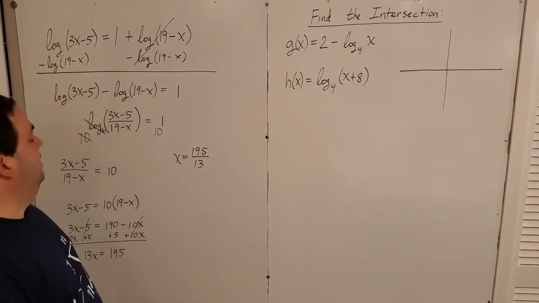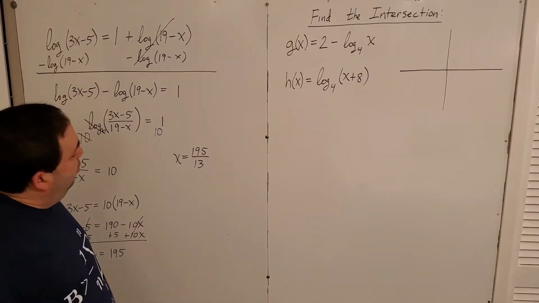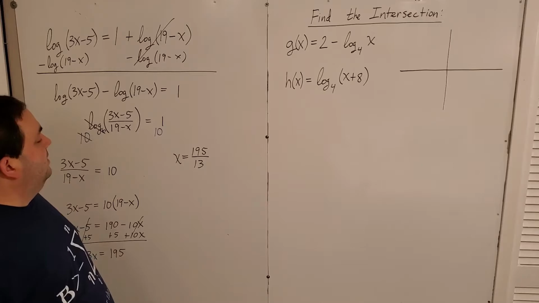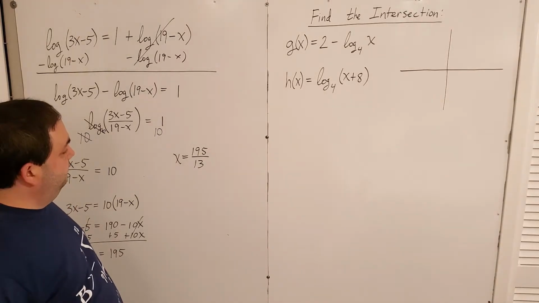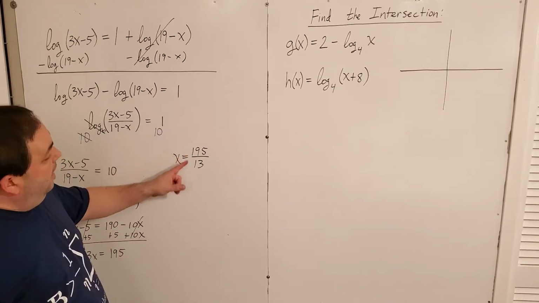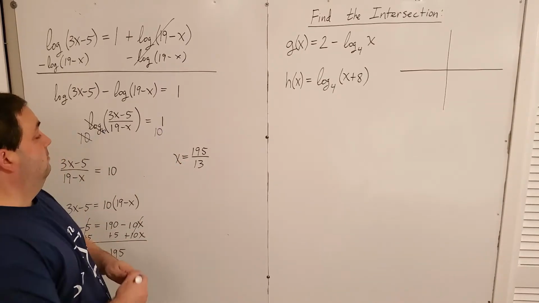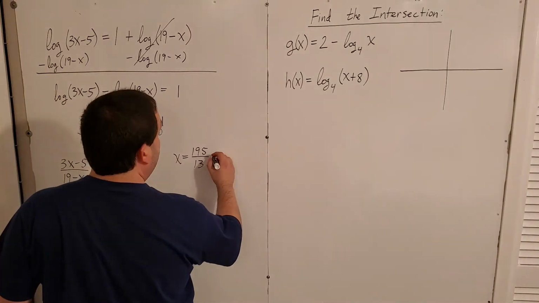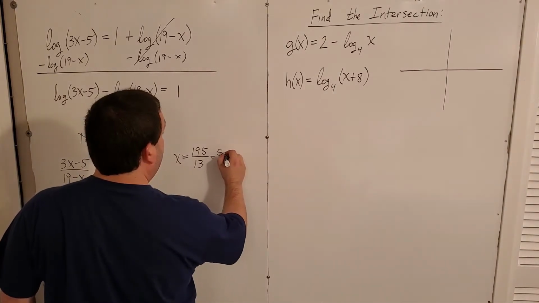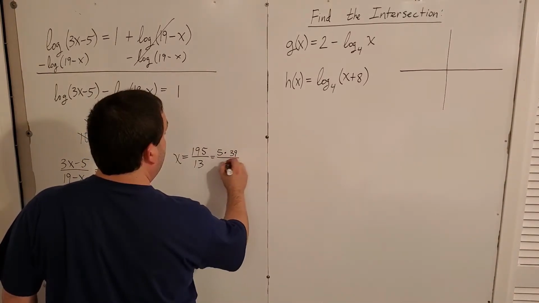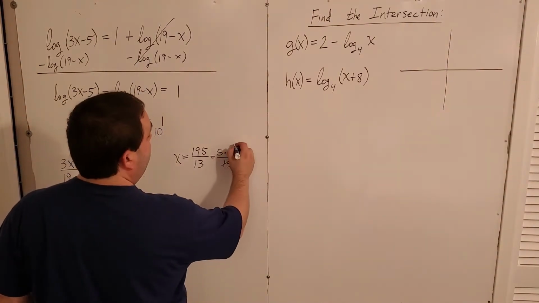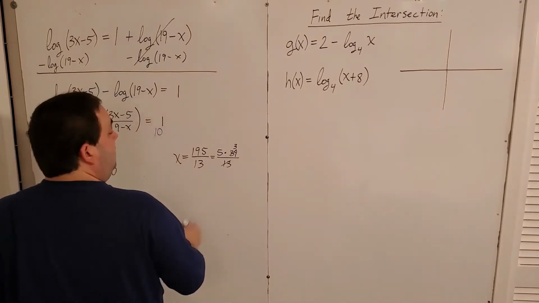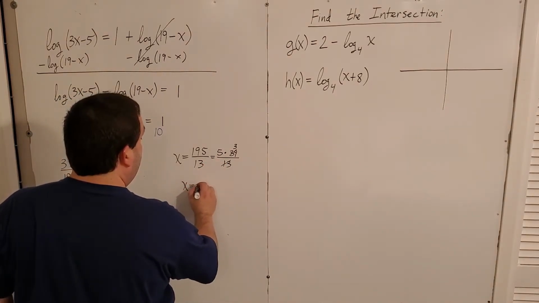Now let's see, does that reduce? 195 is going to be 5 times 39, right? And 39 has a 13 in it. Sure enough. Right? So 13 into 39 leaves 3. So then my x is, what, 15.